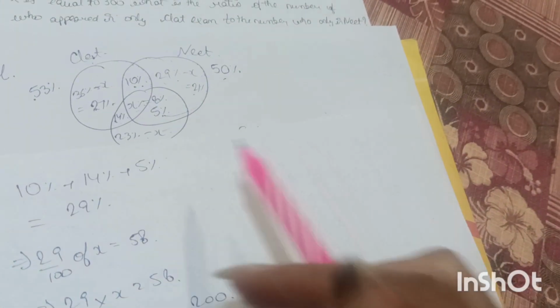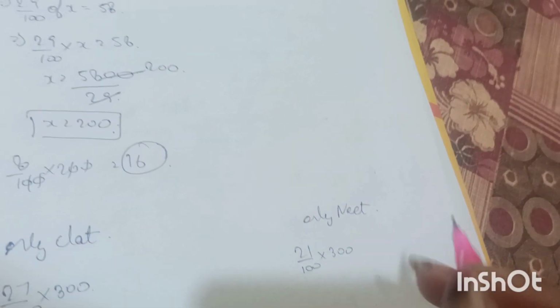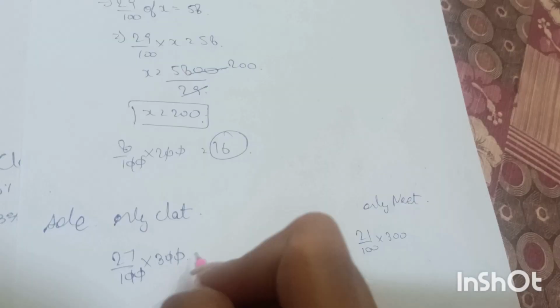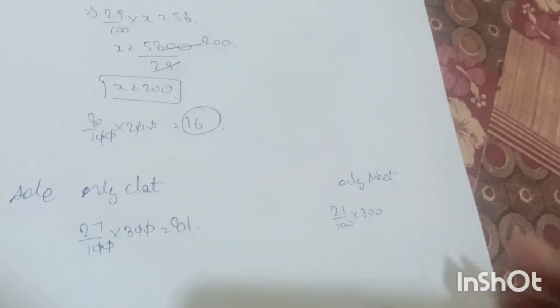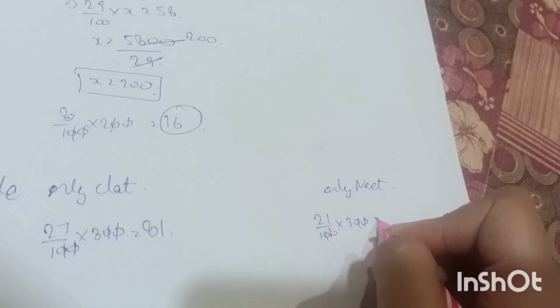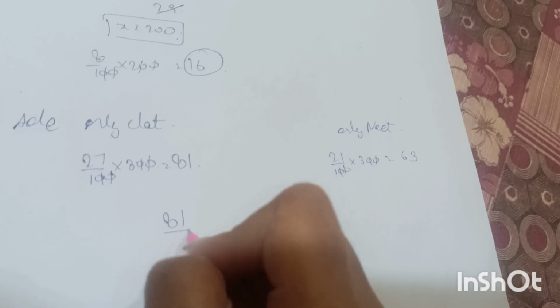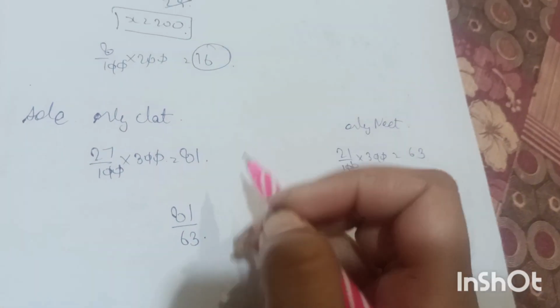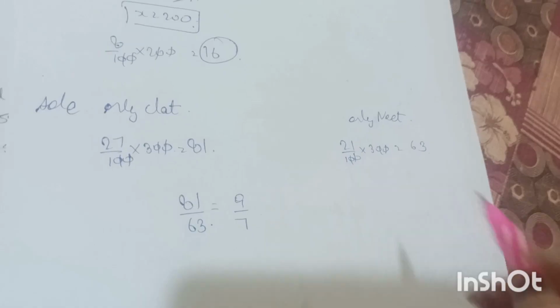And only NEET is given as 21%. So 21 upon 100 into 300. When you cancel it out, you will get the value as 81 over here, and over here you will get the value as 63. Okay, so we have to find the ratio. So the ratio 81 upon 63. You can cancel it by 9. So you'll get 9 upon 7.